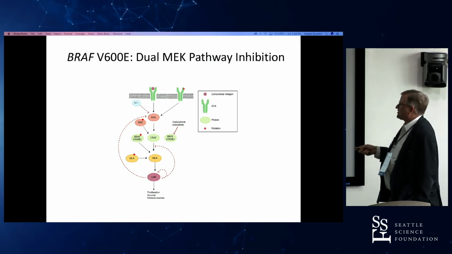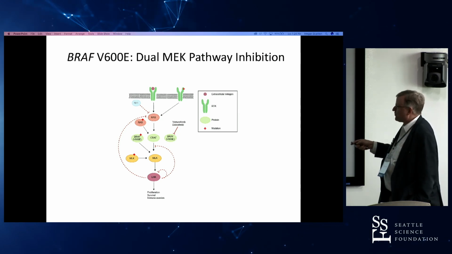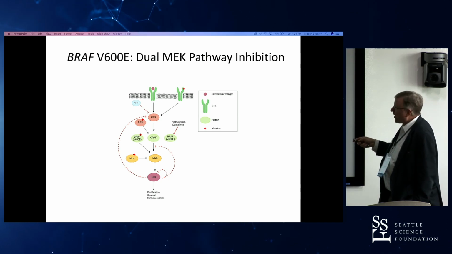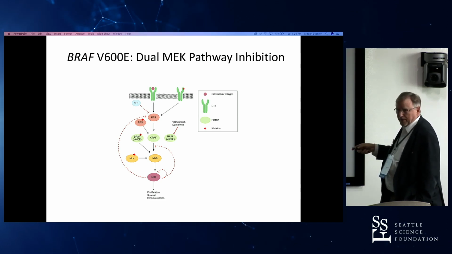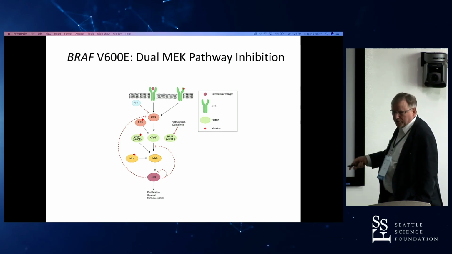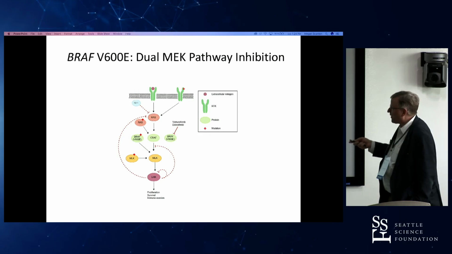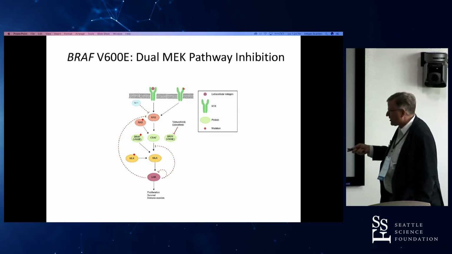You take it, it knocks out the function of this oncogene. And then it turns out that if you do that, there's a reflex pathway which drives other parts of this pathway to be even more active. So if you use a BRAF inhibitor by itself, the tumor only responds briefly and a little bit, and then sometimes it can actually begin to grow more rapidly because of bypassing pathways.